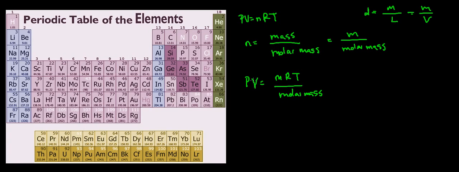If I were to divide both sides of this equation by V, I would end up with P on this side, and then mass times R times T over molar mass times V. So I'll do that.